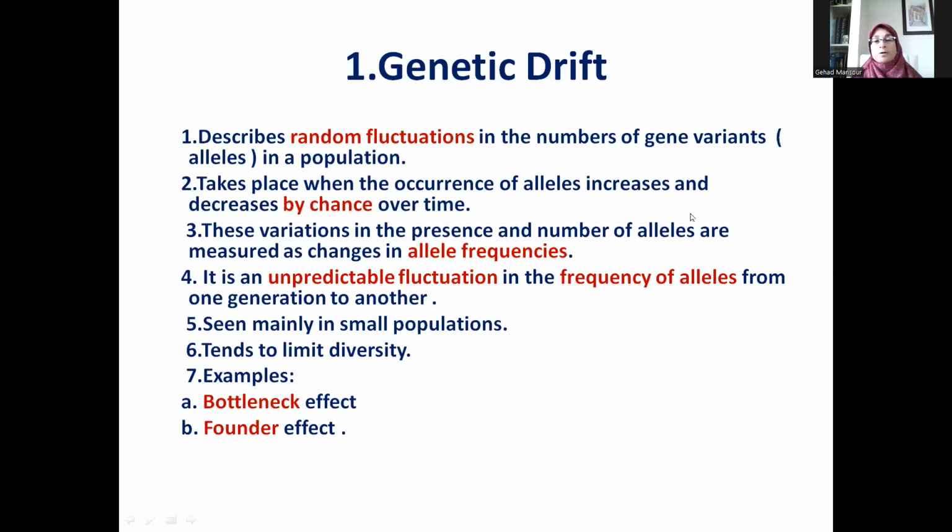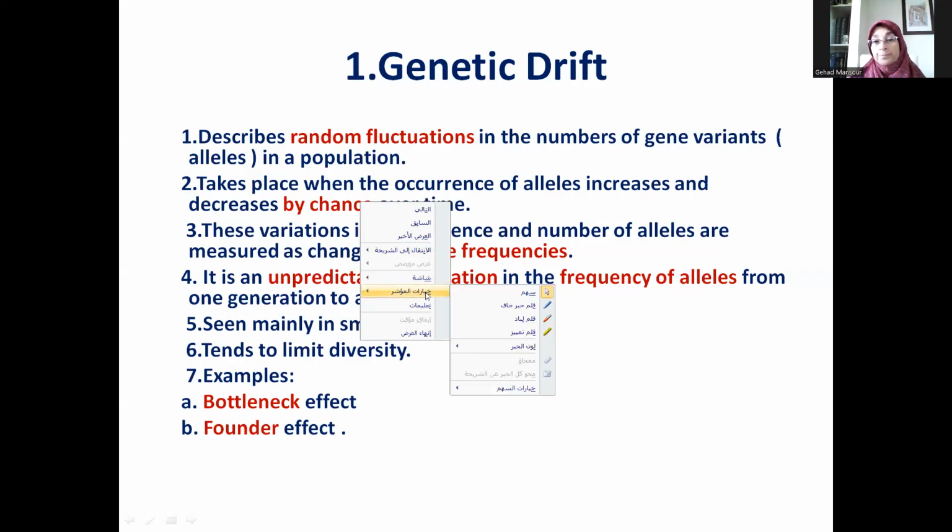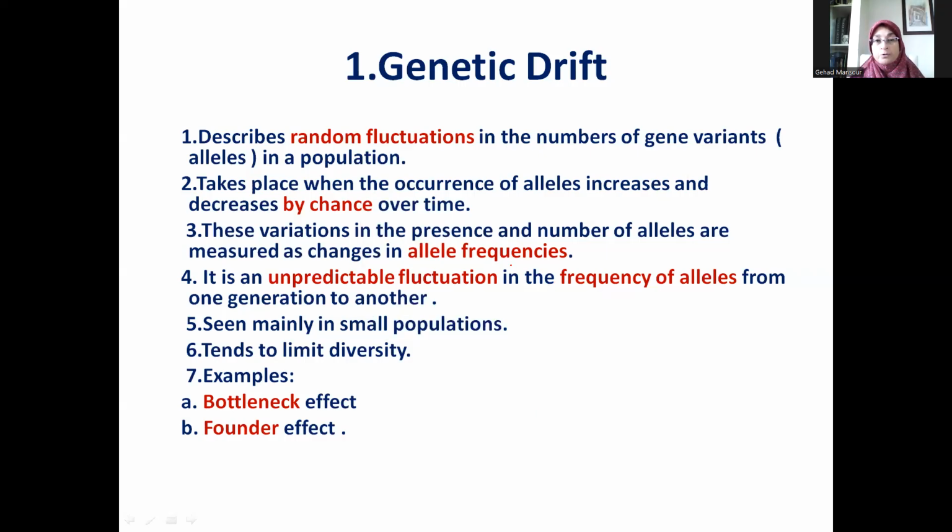So genetic drift describes, as we said before, random changes in allele frequencies in a certain population, or random fluctuations. Fluctuations means changes, but rather increase and decrease, increase and decrease. And as we said, they are random, meaning that they occur by chance. They are not planned for, they are not prepared for, and they are unpredictable.